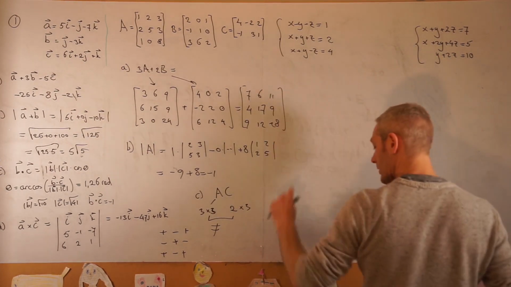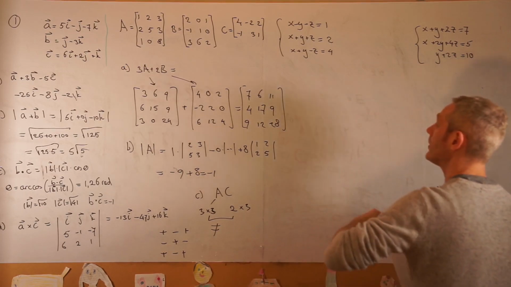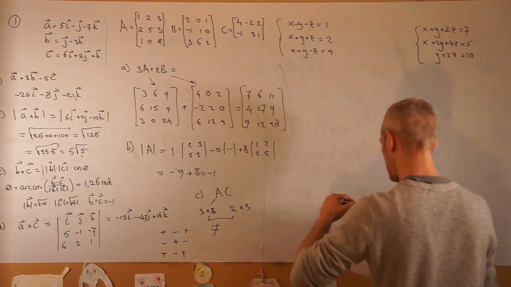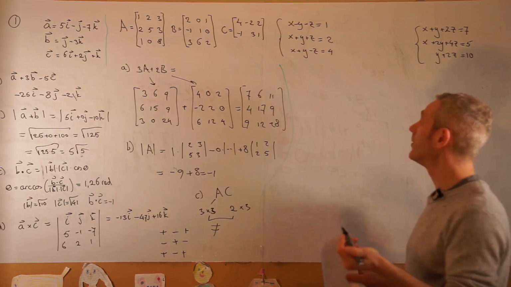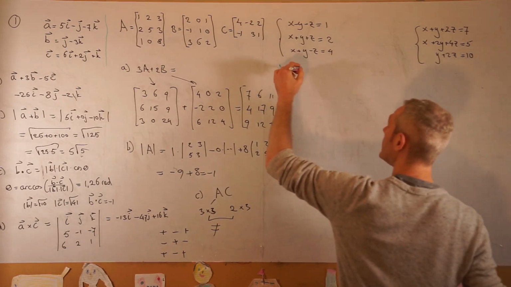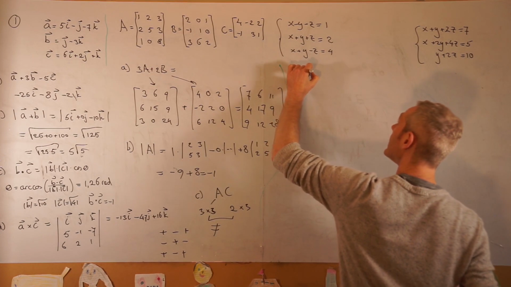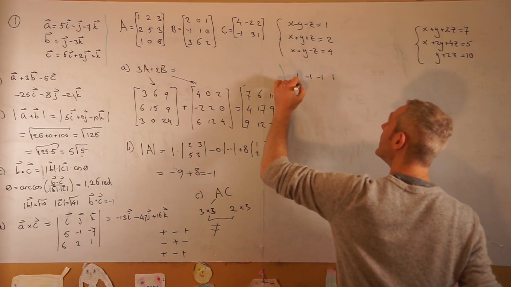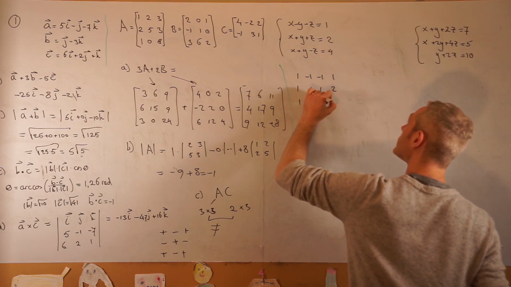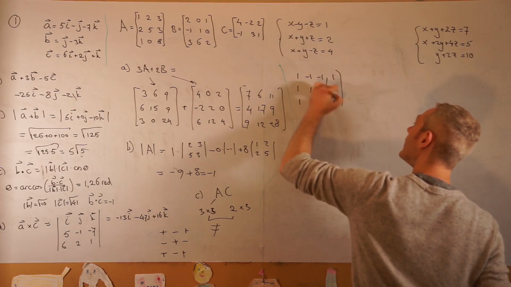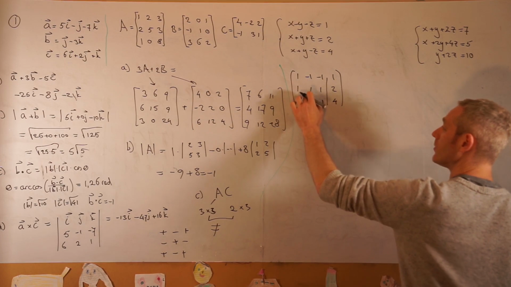Then we get our first set of linear equations. I take the augmented matrix 1, minus 1, minus 1, 1, 1, 1, 1, 2, 1, 1, minus 1, 4. And my aim is to get zeros here.